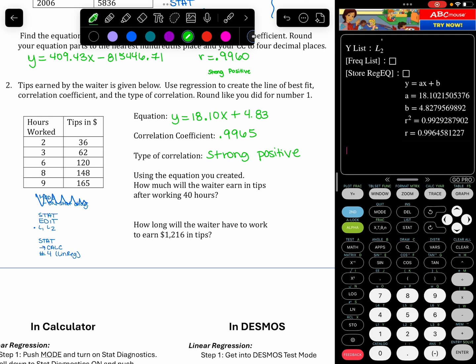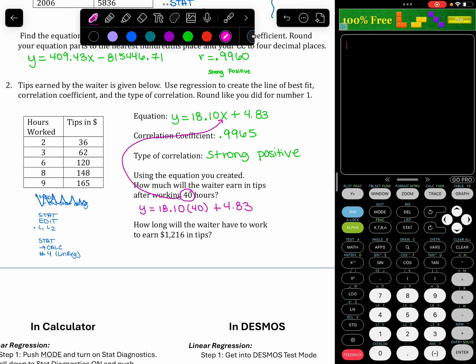All right, now this says, using the equation you created, how much will the waiter earn in tips after working 40 hours? The way that we do this is we take our 40 hours, which is our x, and plug that into the equation that I created. So y equals 18.10 times 40 plus 4.83.